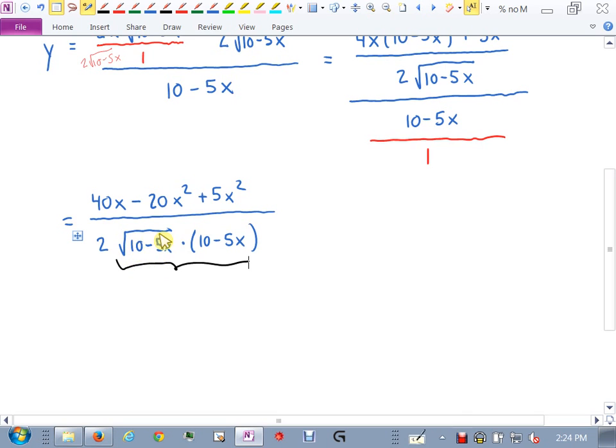Careful. This is something raised to the 1/2, isn't it? And this is something raised to the 1. So you put them together, it could be 10 minus 5x to the 3/2. The book might actually have that instead. I don't know. I'd have to look.